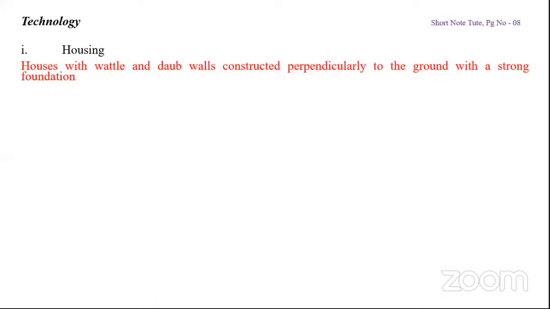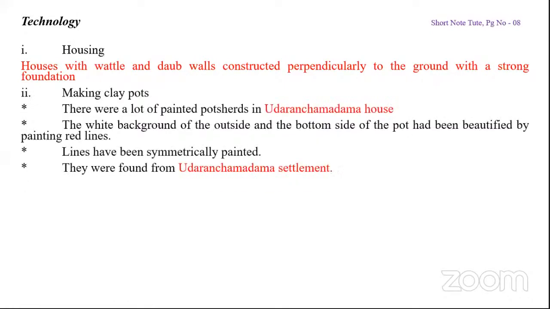So what technology did they know? They knew that if they don't construct walls on a strong foundation, they will sink. The other thing they knew was that these walls must be constructed perpendicular to the ground, otherwise they fall. So those are the two things they knew regarding housing.